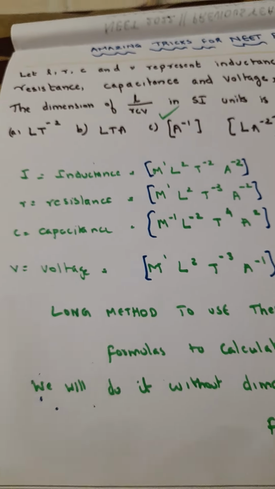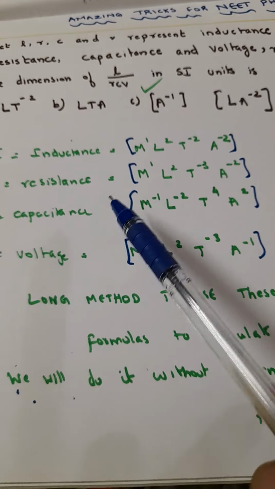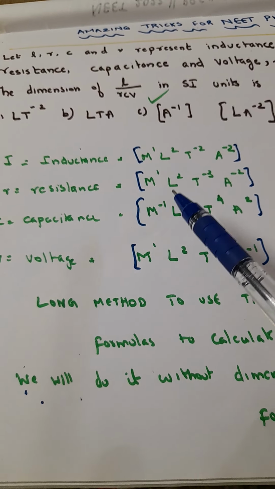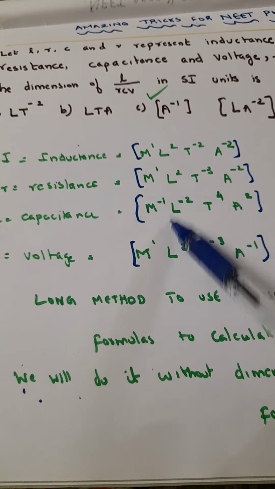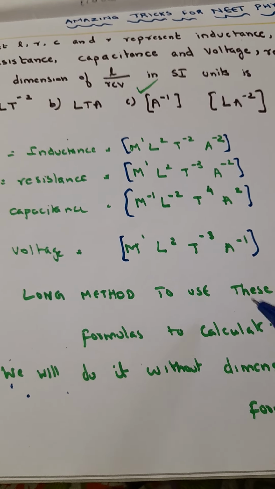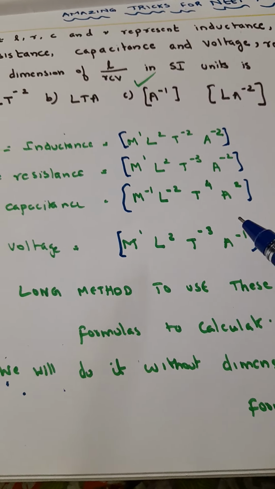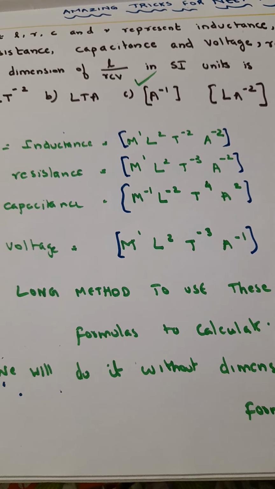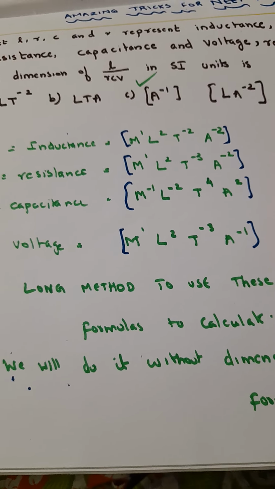Normally if you attempt this question for examination, just think, you will be taking a few seconds to remember each of these formulas. Okay, so then you will get confused with L raised to how much, T raised to how much, all these things, you will have to double check it again. See, if one value or power goes wrong, the whole answer will be wrong itself.